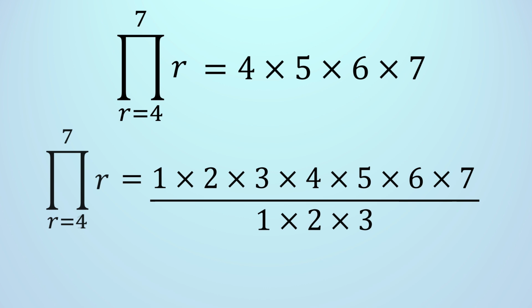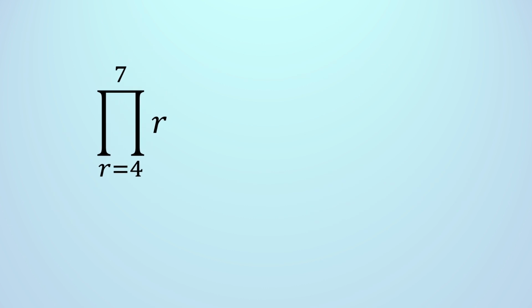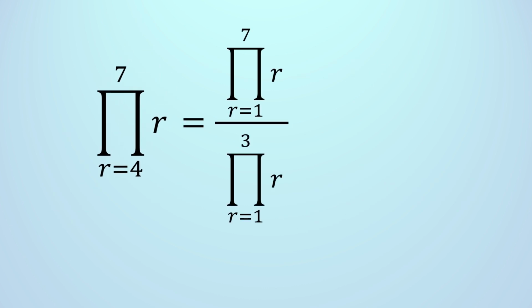But good news, 1 times 2 times 3 is also just another product that we already know how to calculate using factorials. It's just going to be, therefore, the product from 1 to 7, 7 factorial, divided by the product from 1 to 3, which is 3 factorial. And therefore, if you calculate that, that's going to come to 840.